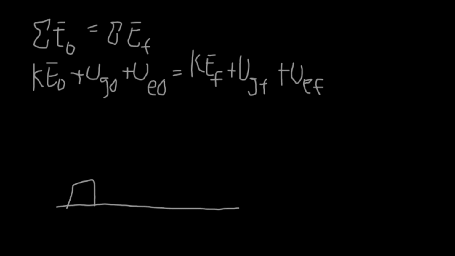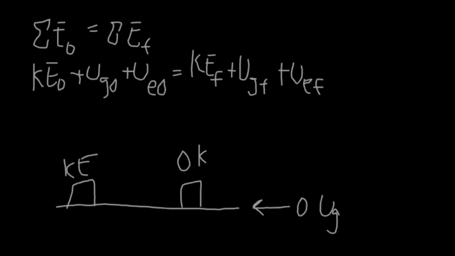It has some kinetic energy. We're going to set our gravitational potential energy to be 0 at the surface. And that's what I mean when I say usually your zero line will be pretty obvious. It has some kinetic energy here. Eventually it reaches here and it has 0 kinetic energy.